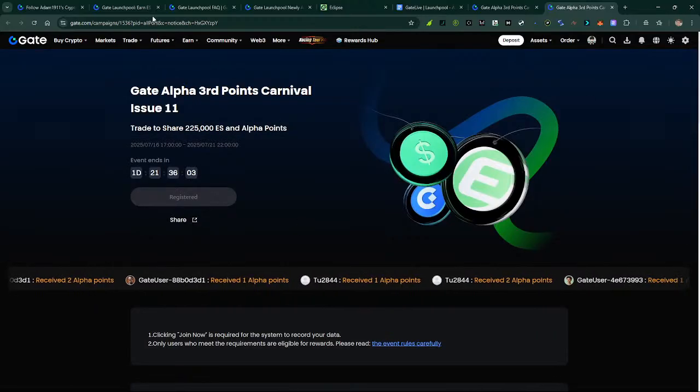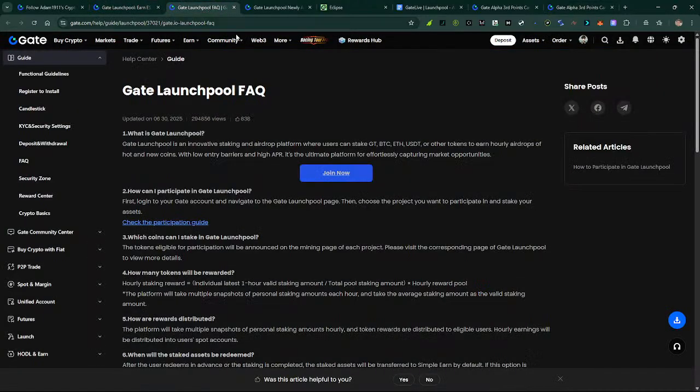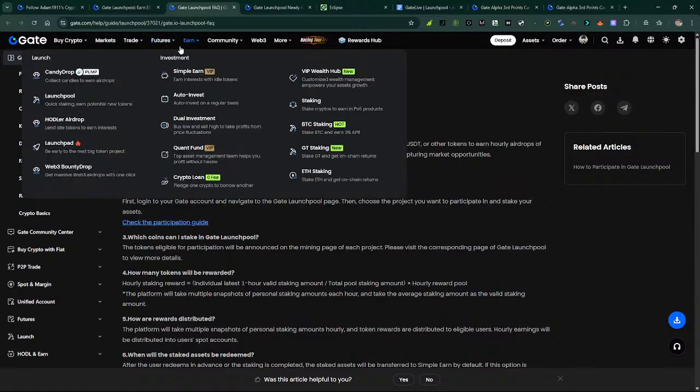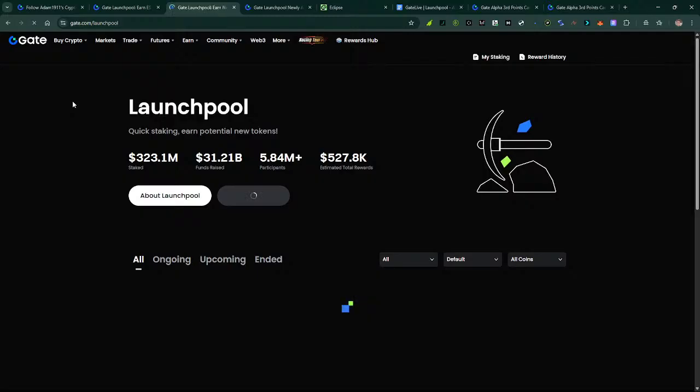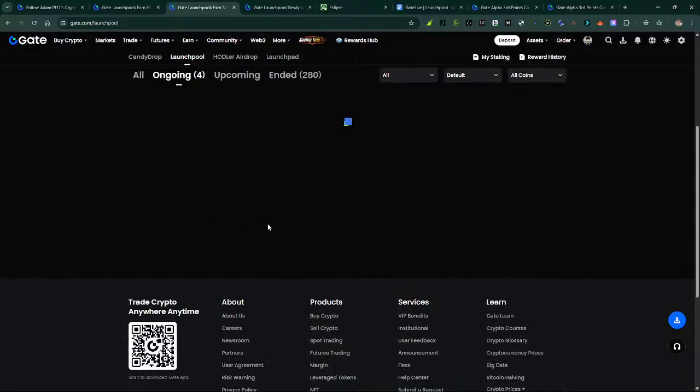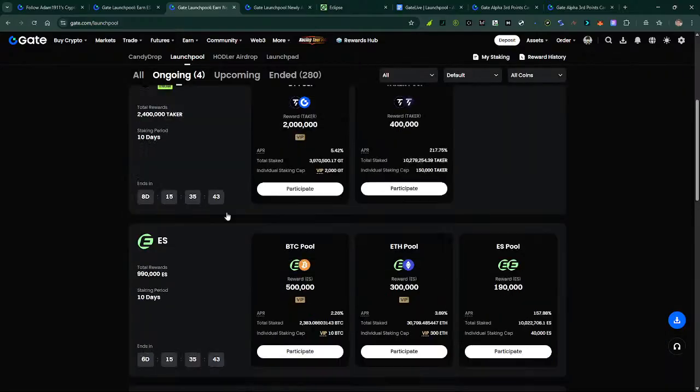So these are the details, and let's go check out the ongoing events. From one section I'll be clicking on Launchpool. Let's see what we can get there. In Launchpool we have 4 ongoing pools.